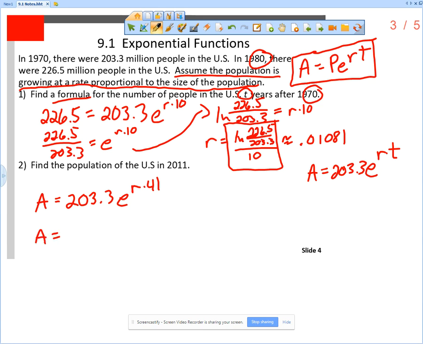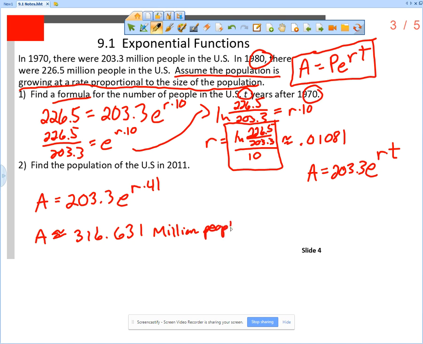You should be trying to do this calculation on your calculator as you're following along. e to the answer times 41. And so if I do that, I get approximately 316.631. What? Well, the units are million people.